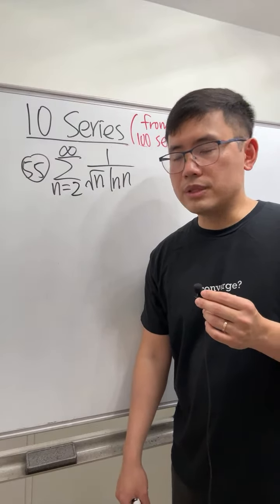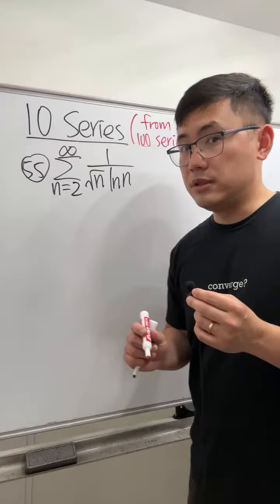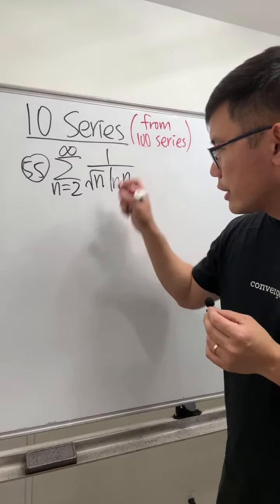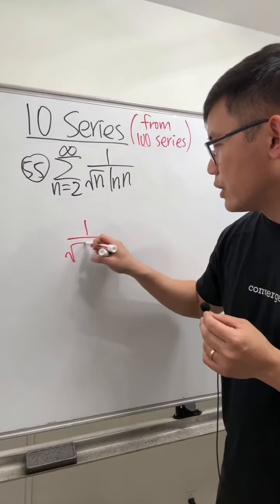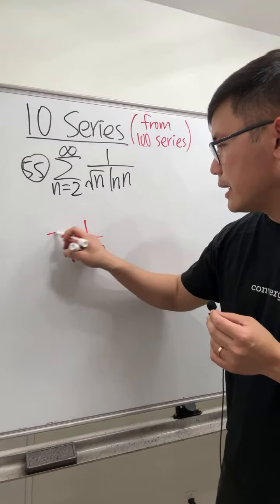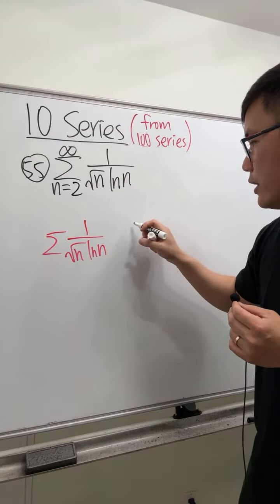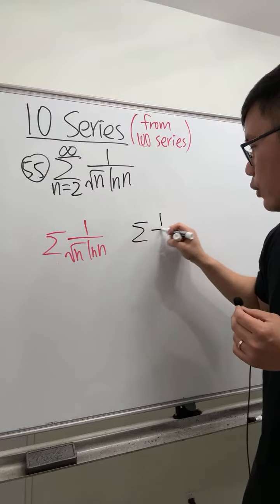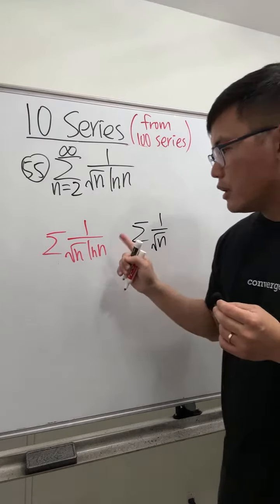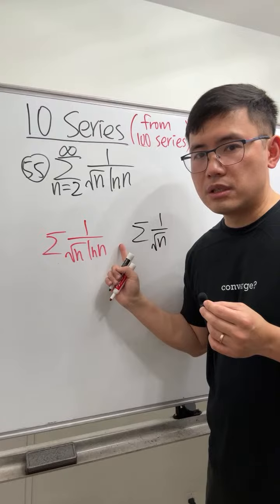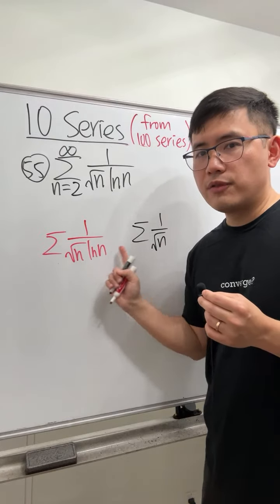Direct comparison with, okay, if you guys said direct comparison test, you have to be careful though. This right here, we have 1 over square root of n, ln n, yeah? And if we compare this with 1 over square root of n, what inequality goes here? Let's just focus on this question.